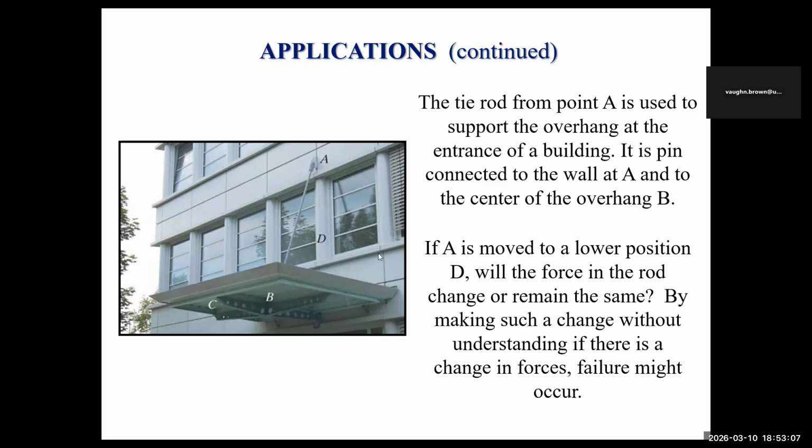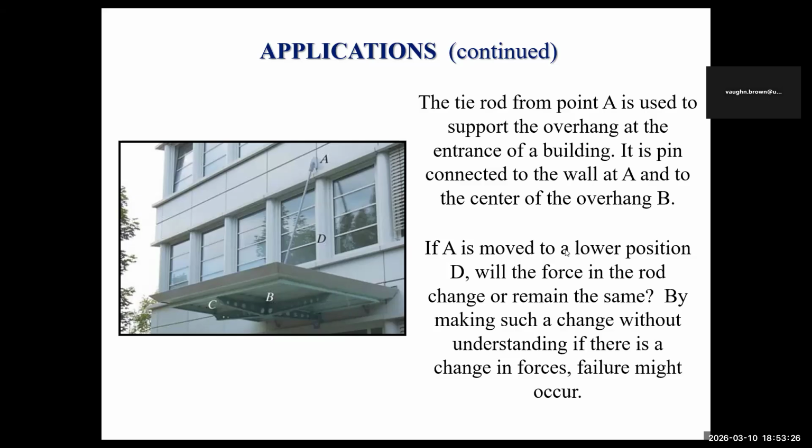All right. And you have the wall at D. So let's look at it. So say a tie rod from point A is used to support the overhang of the entrance of the building. It is pin connected to the wall at A and to the center of the overhang at B.